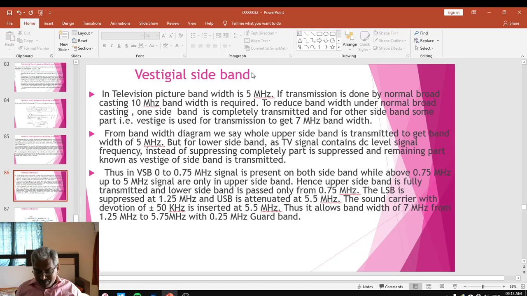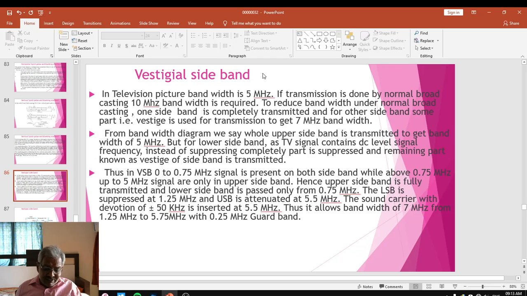But especially in television communication, SSB is also avoided, and in place of that, VSB is adopted. VSB means vestigial sideband. This is adopted only to reduce the bandwidth for television communication.